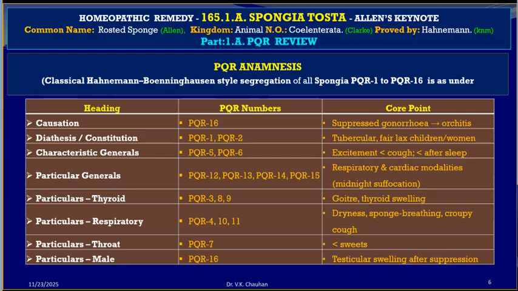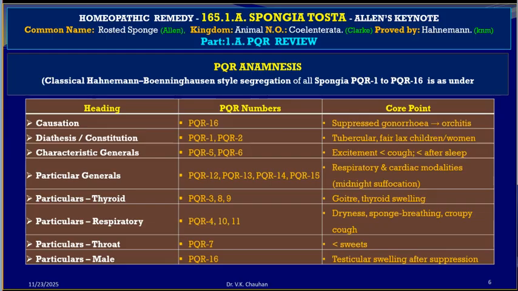And then we have again particulars which are dedicated to thyroid. We have PQR3, 8, and 9. They tell us about thyroid and goiter. Particulars which are dedicated to respiratory system are PQR4, 10, and 11. And here there is a dryness of respiratory tract, difficulty in breathing with croupy cough.